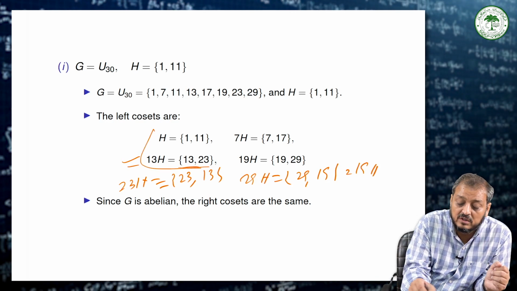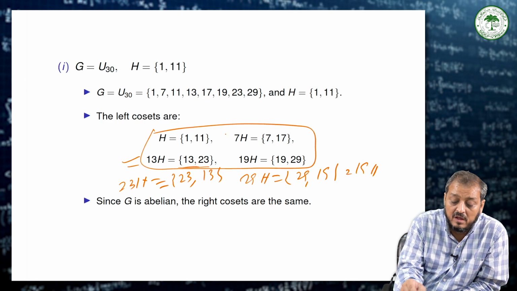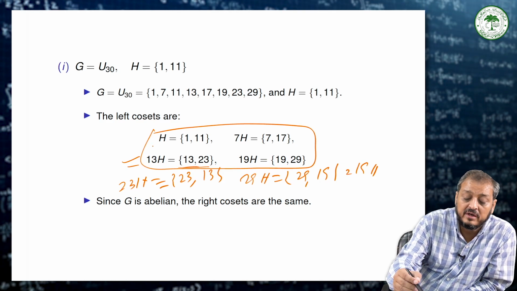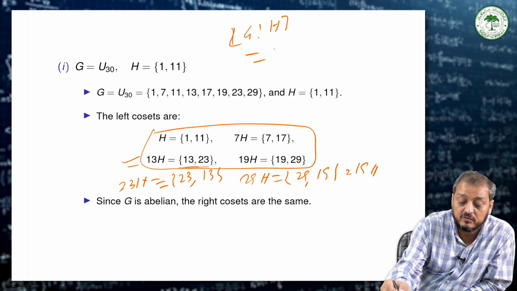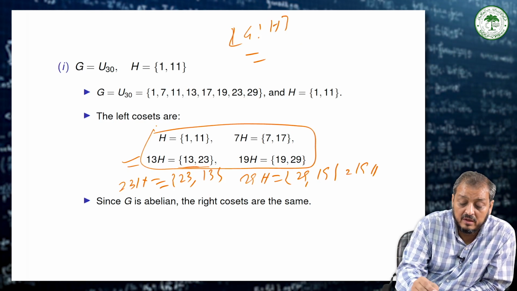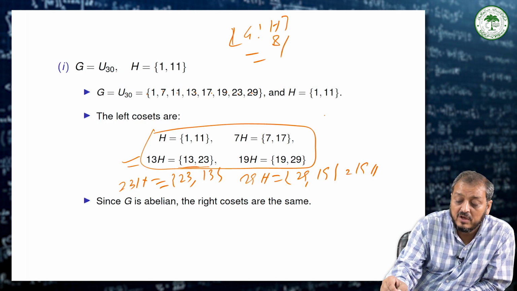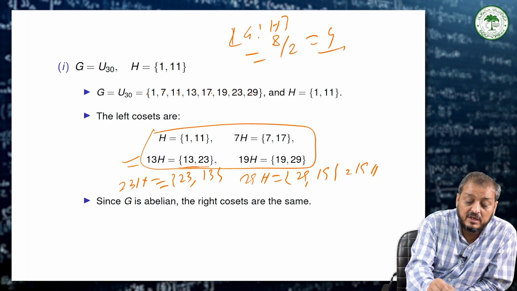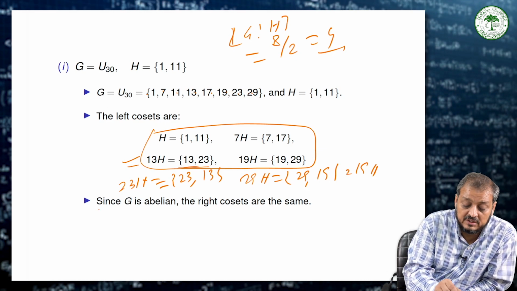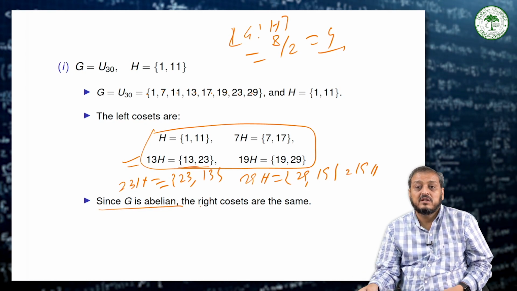So there are a total of 4 distinct cosets. By the index, the order of G is 8, divided by 2, is equal to 4. G is abelian, so the right and left cosets are the same.